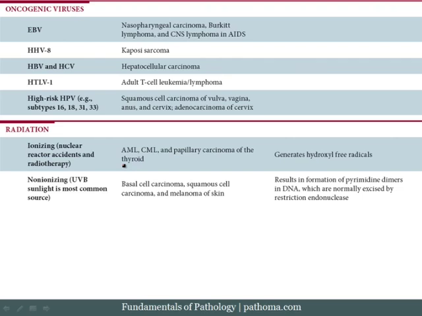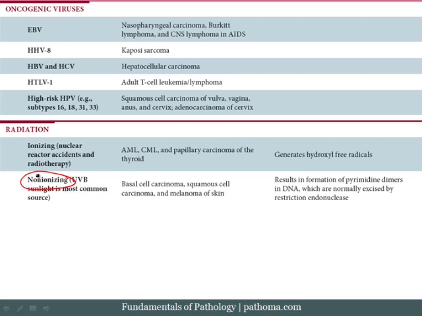The second type of radiation is actually non-ionizing, and non-ionizing radiation can occur in multiple subtypes. The most common type is UVB sunlight, and that is actually the most important. Now, non-ionizing radiation is associated with three types of cancers.